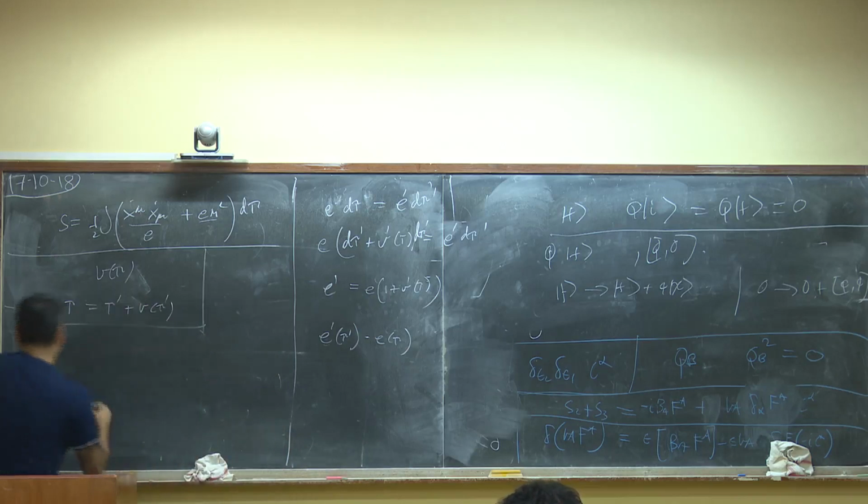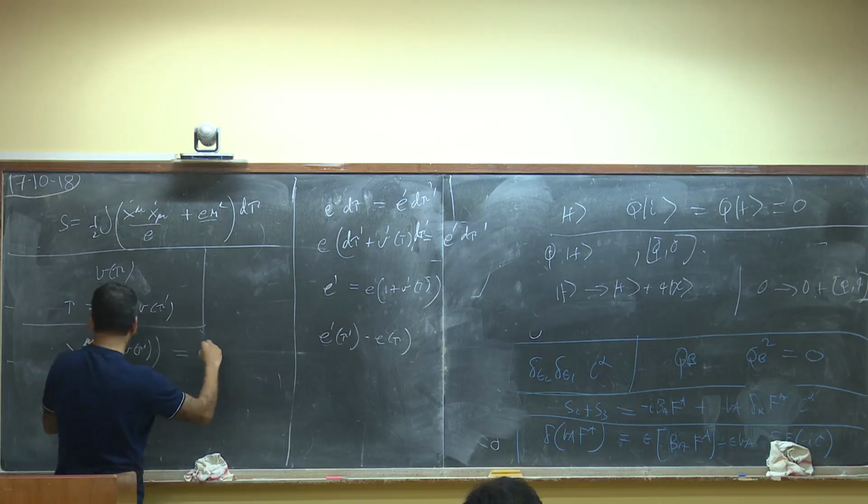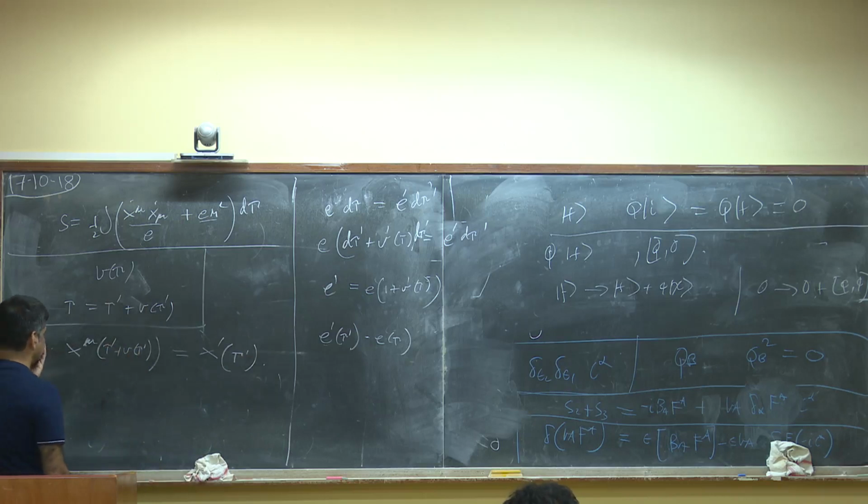Sorry. Right. So suppose I have x mu of tau. It's true that x mu of tau prime plus v of tau prime is equal to x prime of tau prime. This is true. Now I want to compute x prime of tau prime minus x of tau prime.